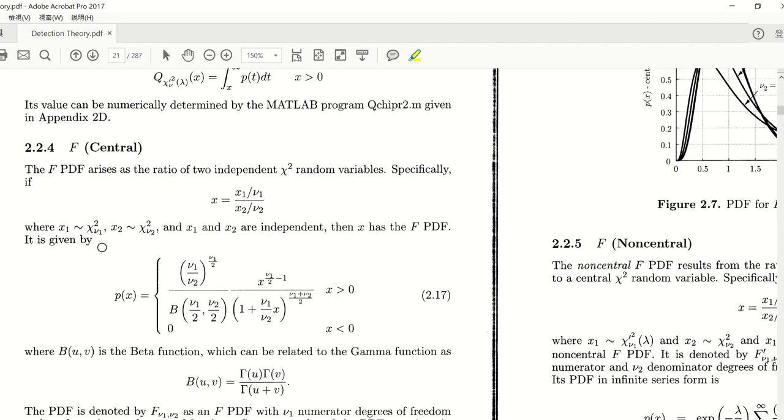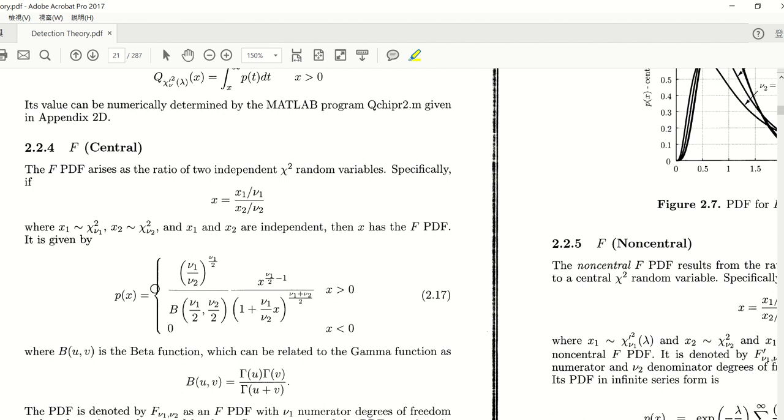So it's given by this p of x equal to this expression, and of course it's defined over the whole real line. However, for x smaller than 0, it has zero probability.